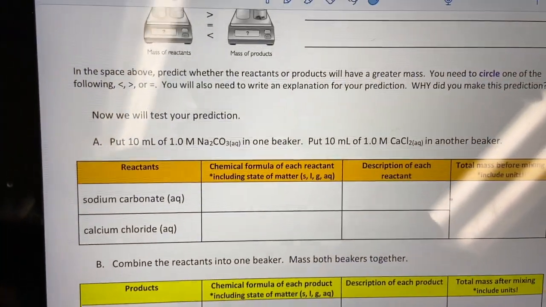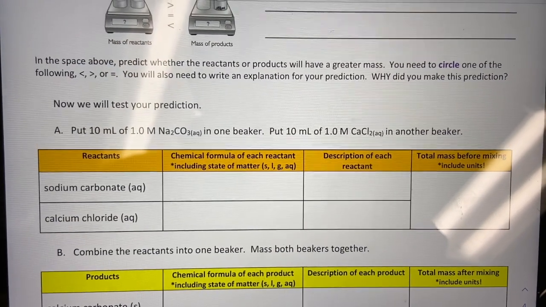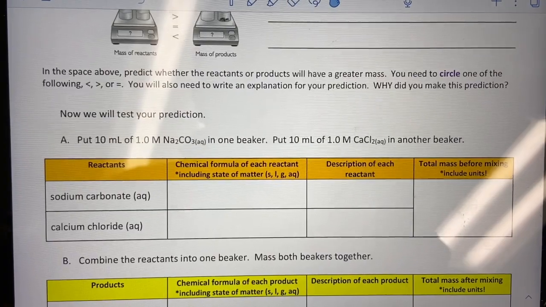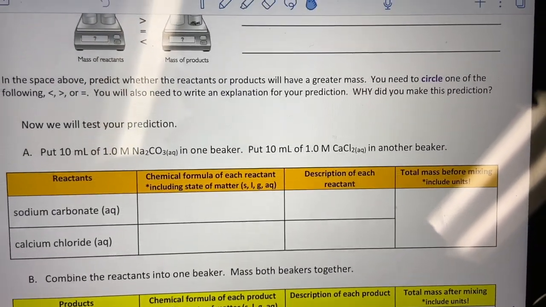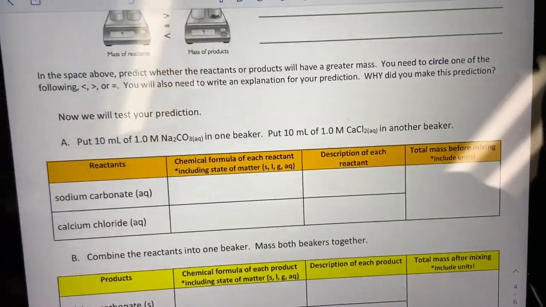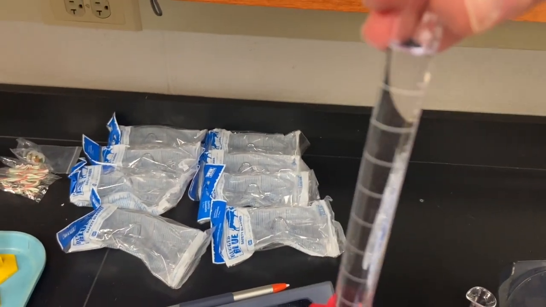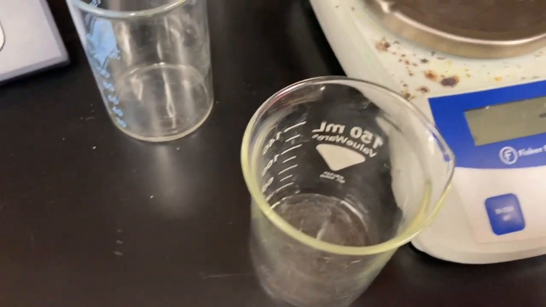Okay, now we're going to look at our reactants. We're going to look at sodium carbonate and calcium chloride, and you guys are going to provide a description of each, and then we're going to look at the mass that we have before mixing. Okay, so here's the sodium carbonate. Ready? You can see it right in here. I'm going to pour it out into this beaker.